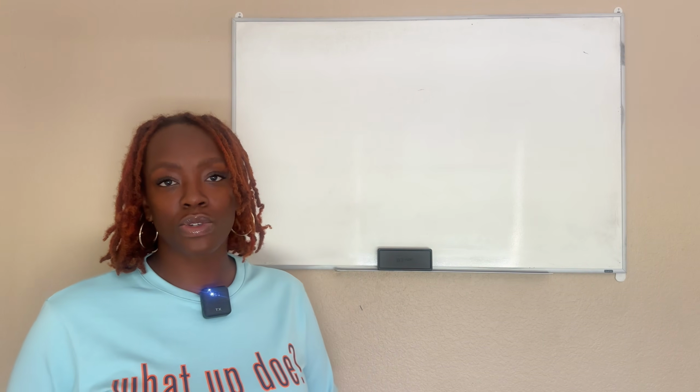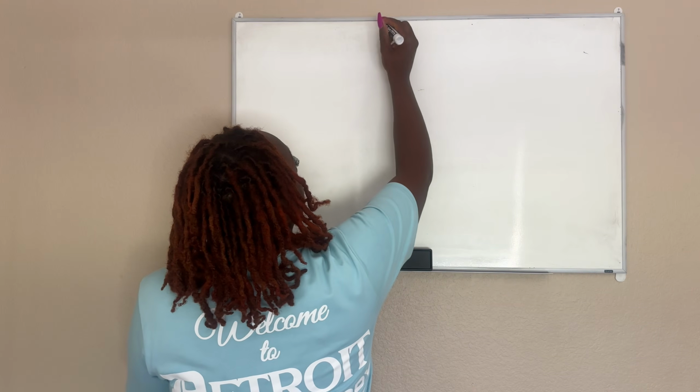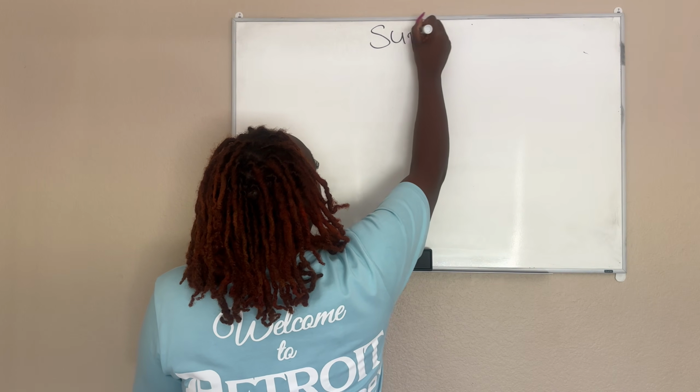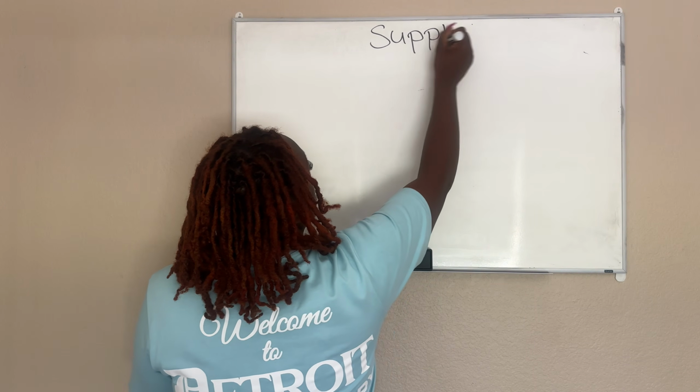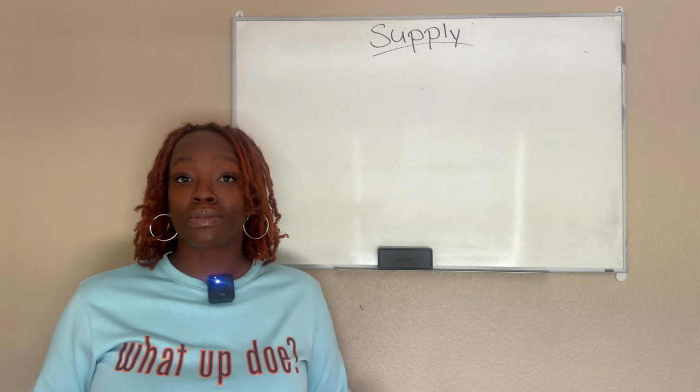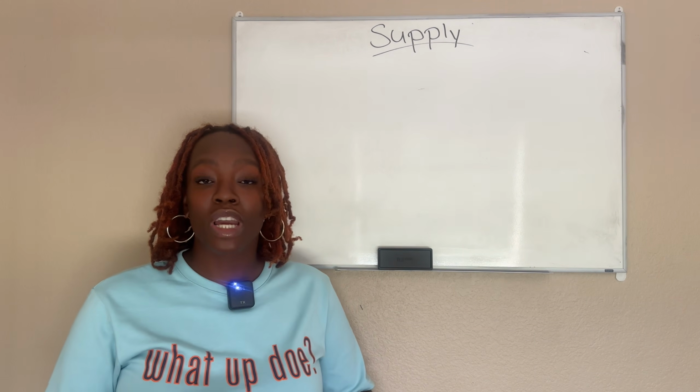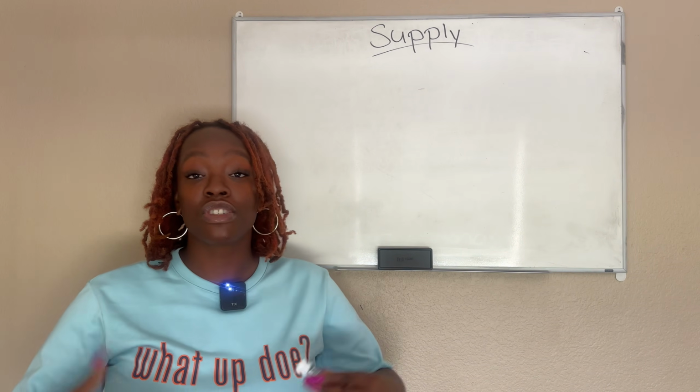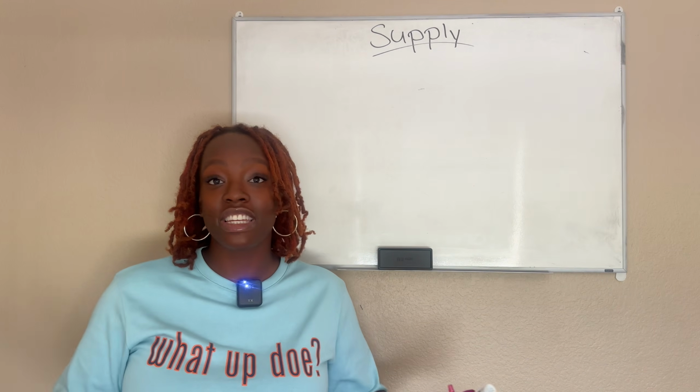Supply and demand. Let's first get into supply. Let's say you own a business selling fruit, okay? And your inventory comes in and they gave you 500 more packs of strawberries than you ordered.